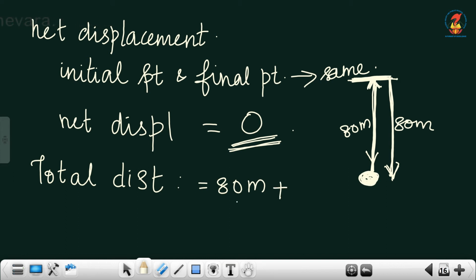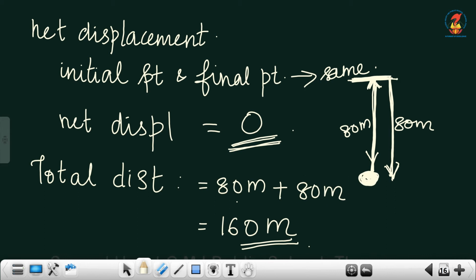After reaching a maximum height, the body will come down and fall back to ground, again covering a distance of 80 meter. So the total distance will be equal to 160 meters. Hope the question is clear.